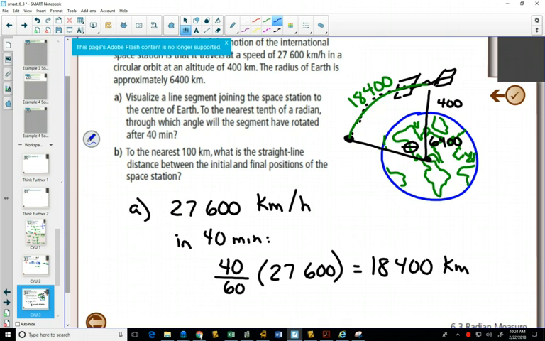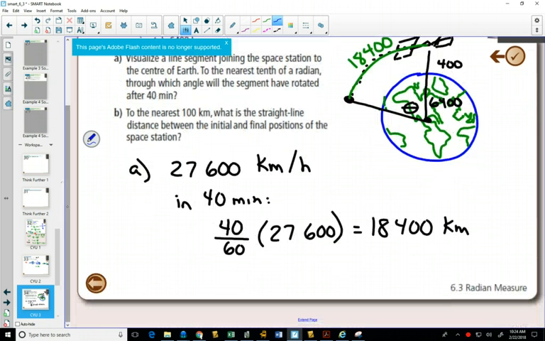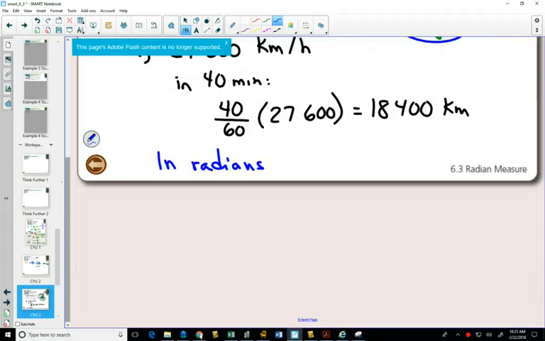So if we use our arc length formula in radians, our arc length formula was theta r. We know that the arc length is 18,400. We want to find theta.